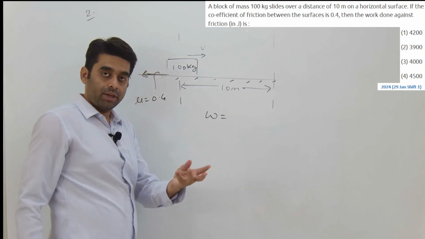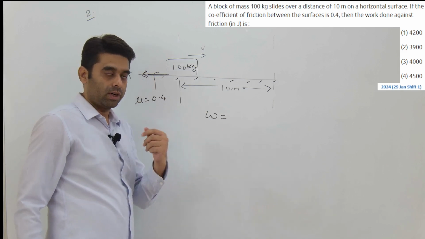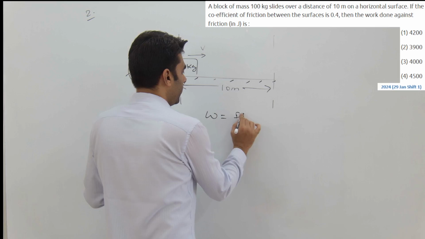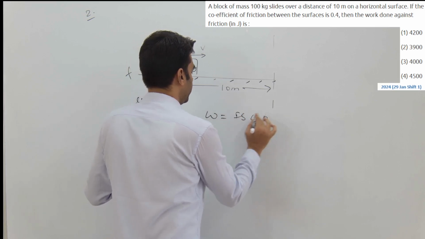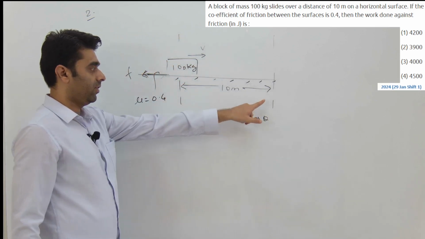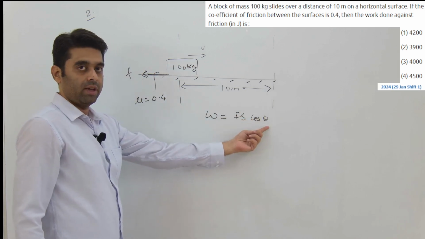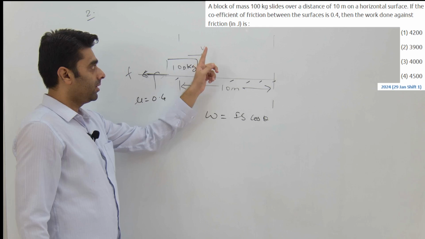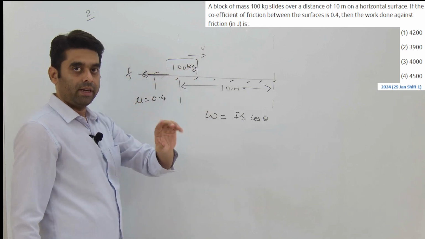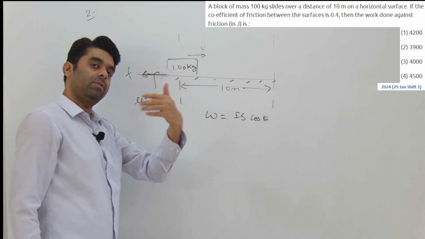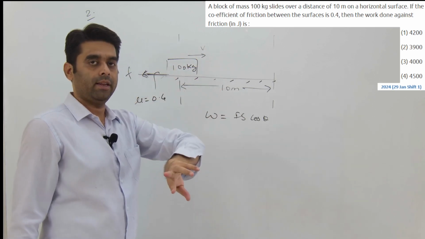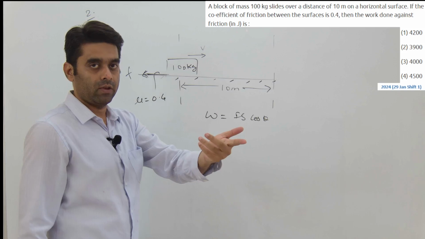Friction is a constant force. For a constant force, work done is written as Fs cos theta. Displacement is 10 meter. Theta, the angle between force and displacement, is 180. Let's first calculate the work done by friction, and then the minus of that will give us the work done against friction.